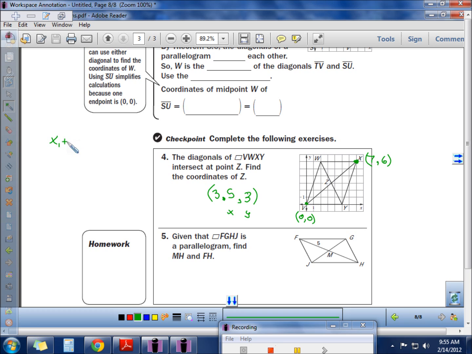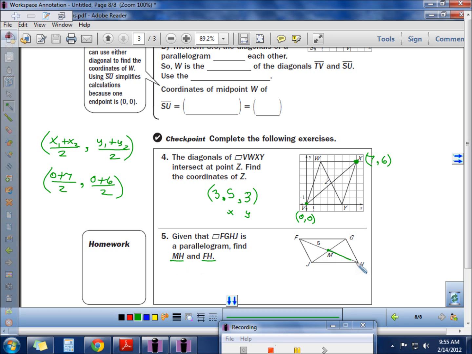Add the x's, divide by 2, add the y's, divide by 2. That's the formula. So adding the x's, that would be 0 plus 7, divide by 2, add the y's, 0 plus 6, divide by 2. 7 divided by 2 is 3.5. 6 divided by 2 is 3. Pretty simple.